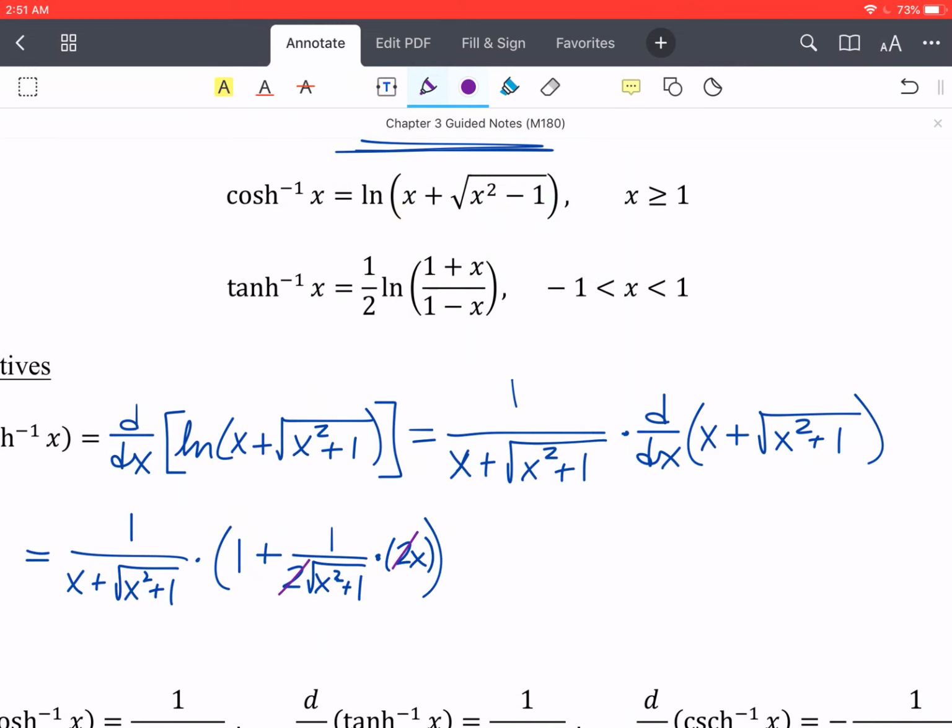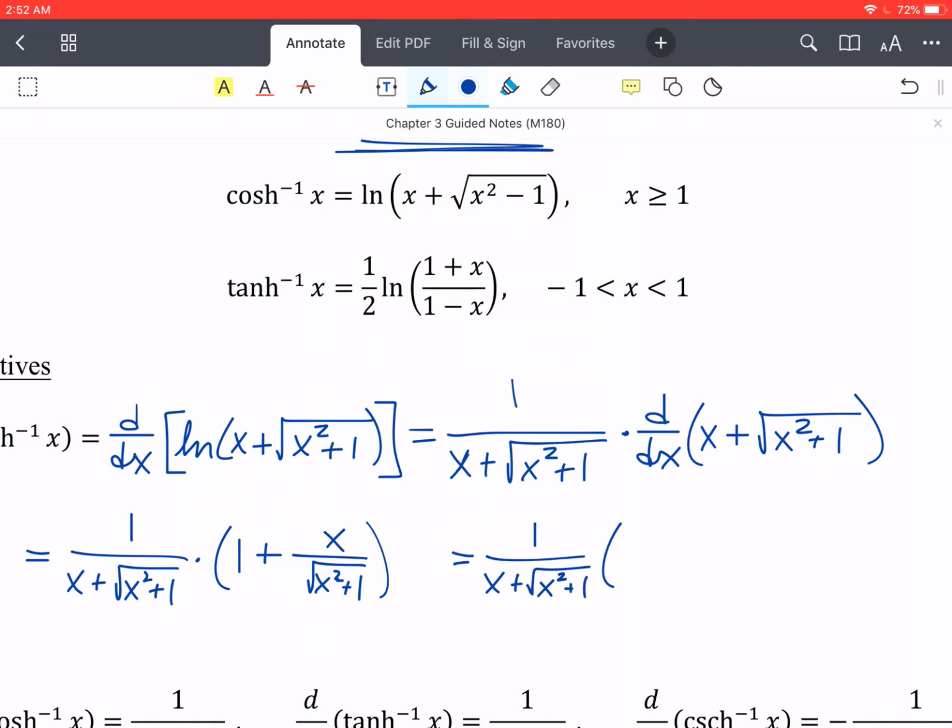So we can cancel those 2's. So we have 1 over x plus radical x squared plus 1 times 1 plus x over square root of x squared plus 1.